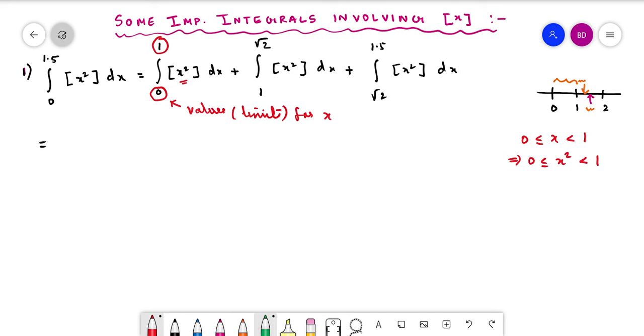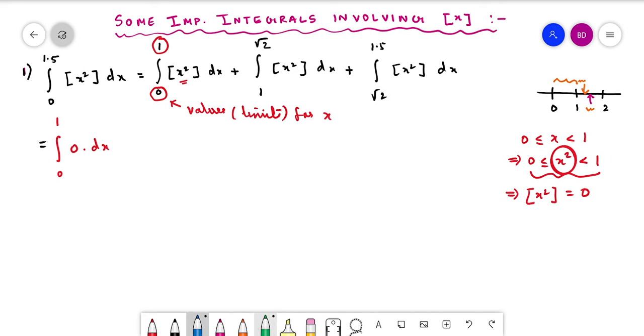So in this interval, box x square, the greatest integer less or equal to x square, will take the value 0, because you treat x square as a unit. x square lies between 0 and 1, including 0, excluding 1. So box x square will be 0. So the first part of the integral becomes 0 to 1, 0 dx.